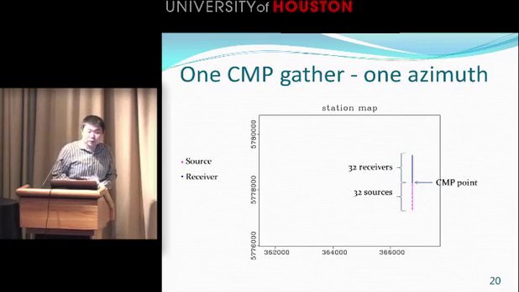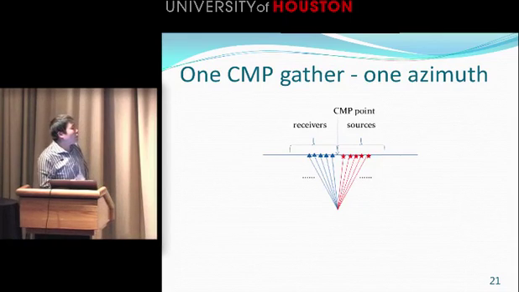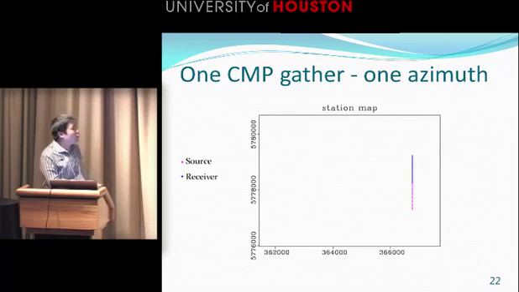I made this cartoon so that you can understand further: we have the receivers on one side, the sources on the other side, and the CMP point in the middle. So this is the geometry for the first gather.